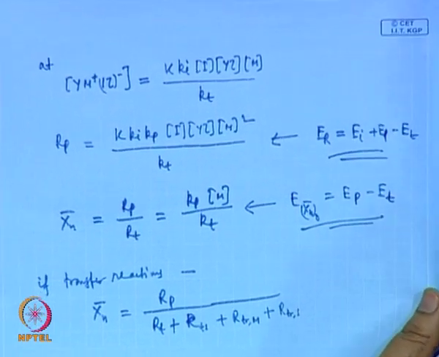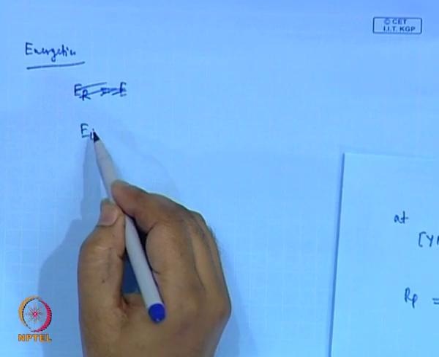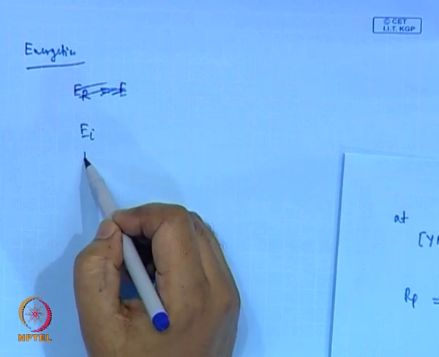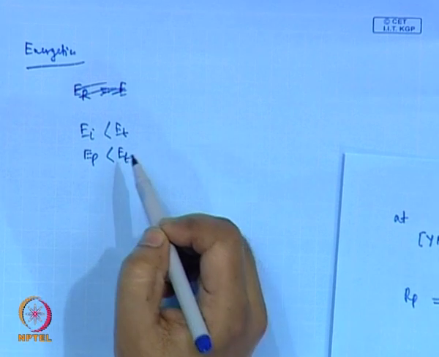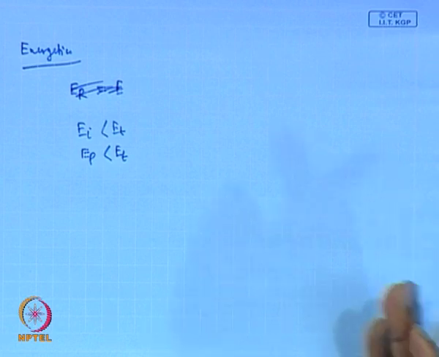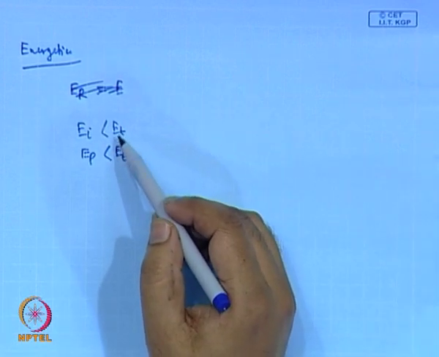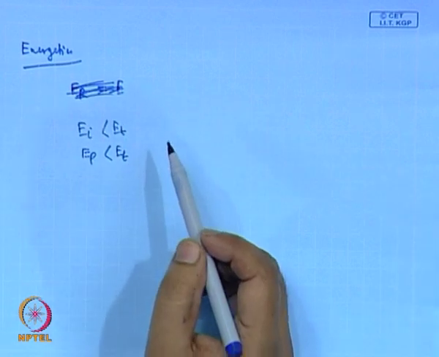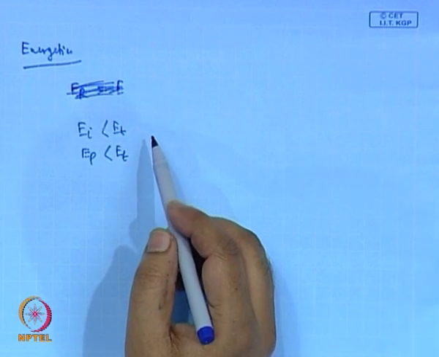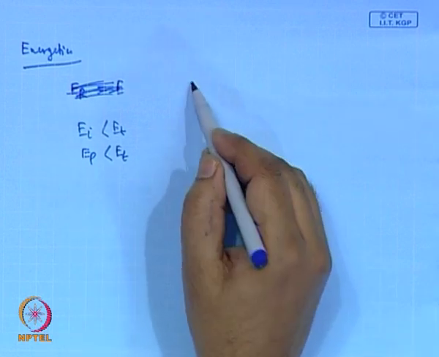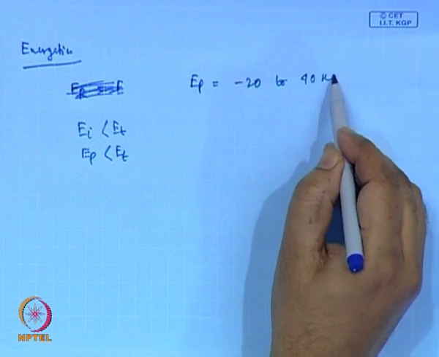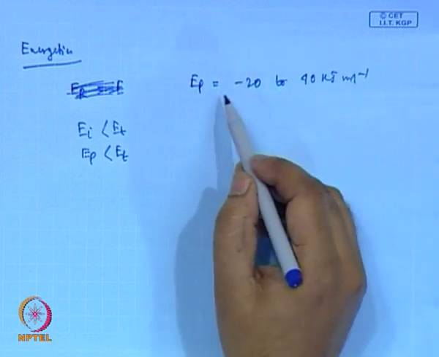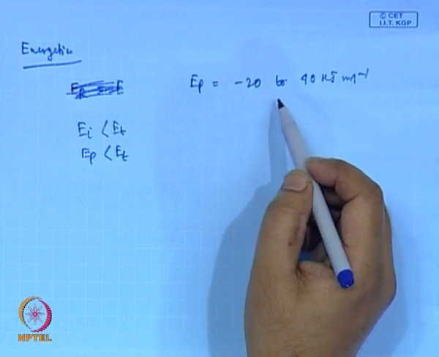Now, typically in case of cationic polymerization, both Ei and Ep are lower than the termination activation energy, as can be justified because bimolecular termination is not possible. And Ep values are typically from minus 20 to 40 kilojoule per mole, which also depends on the monomer structure.